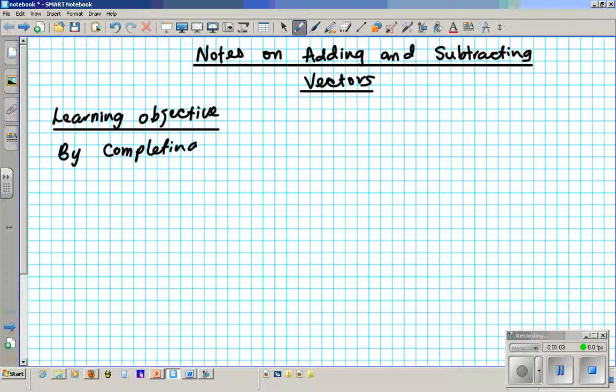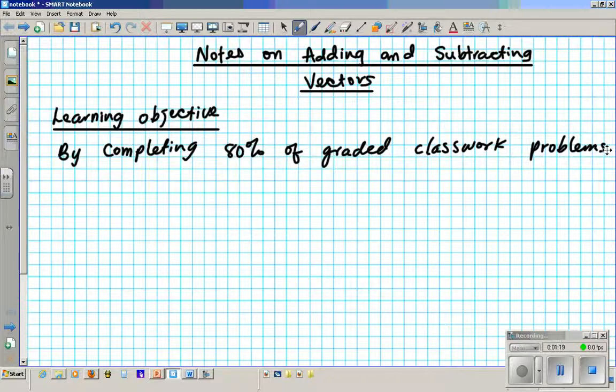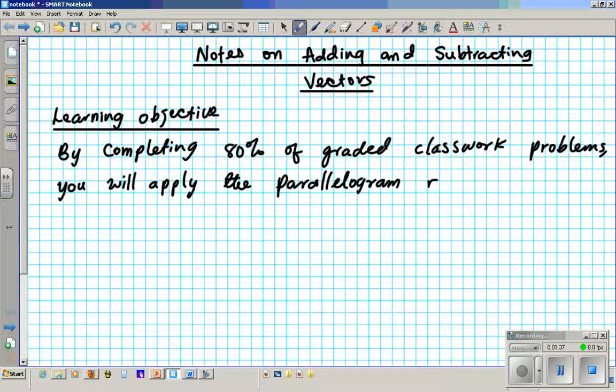By completing 80% of graded classwork problems, you will apply the parallelogram rule in adding and subtracting vectors.